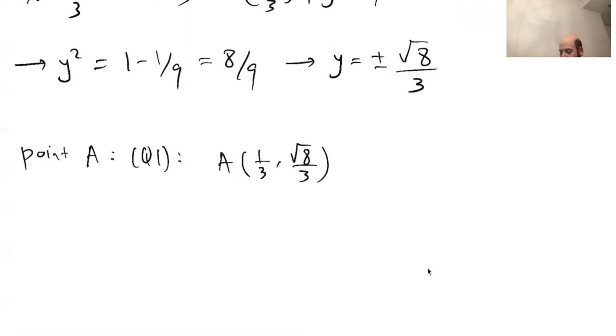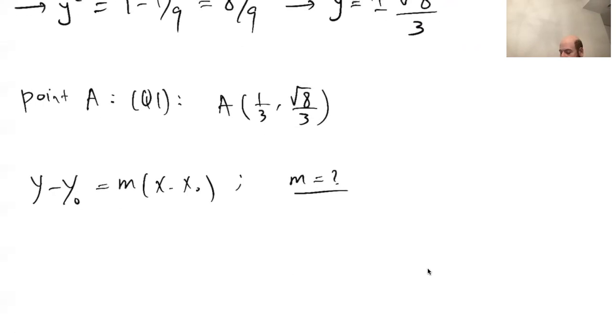And then you have y minus y naught equals m times x minus x naught. And what is the m? For m, we need the derivative. So what is the derivative? It's going to be dy over dx at the point 1/3 and root 8 over 3.